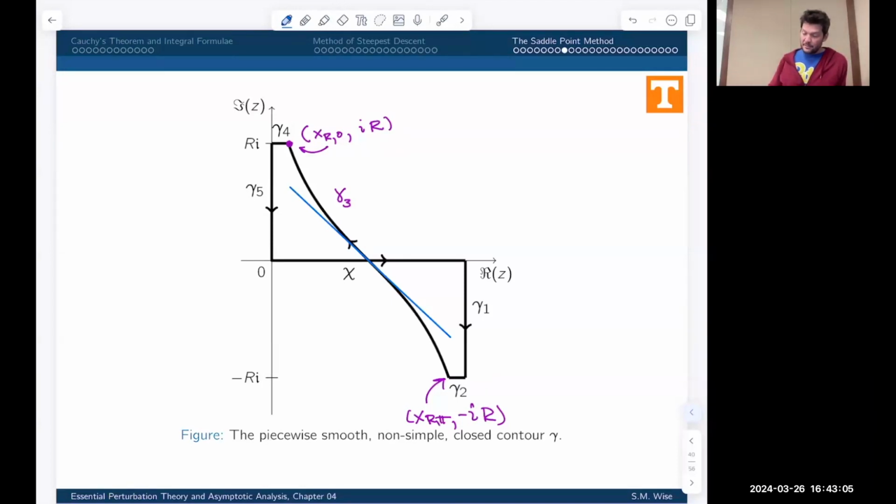So basically, I can approximate this part very close to the saddle point as a linear function, y in terms of x or t, whatever, with a slope which is exactly 1.